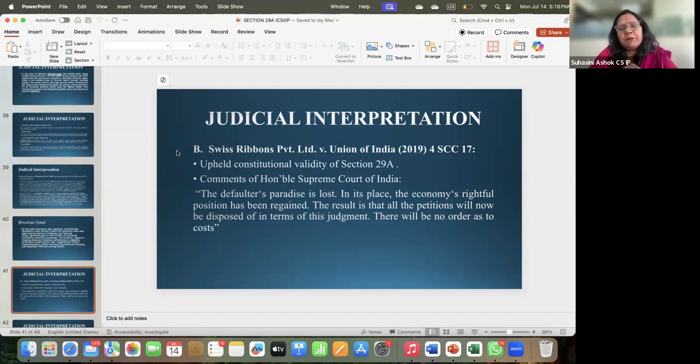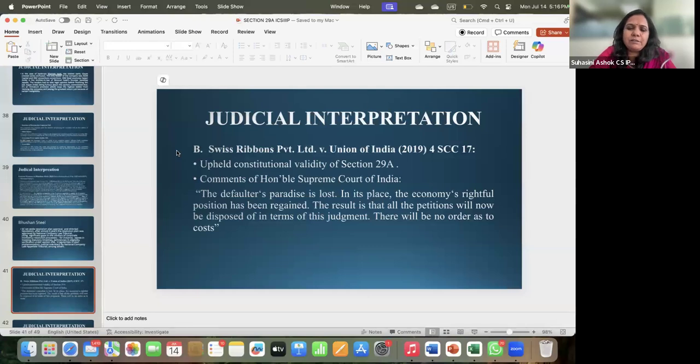Here, many promoters who were getting the disqualification of Section 29A initially, when the Section 29A amendment came, many promoters went and filed saying that this Section 29A is violative of their fundamental rights and it is unconstitutional.